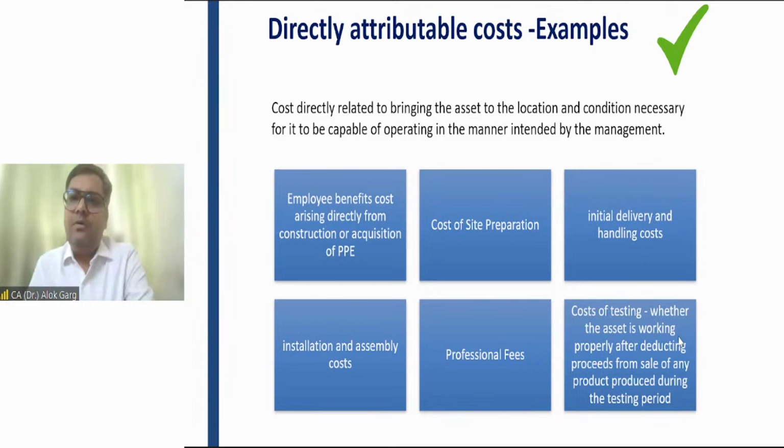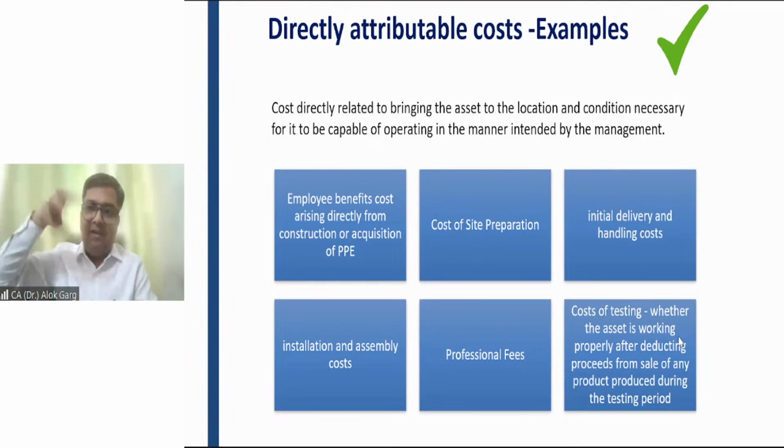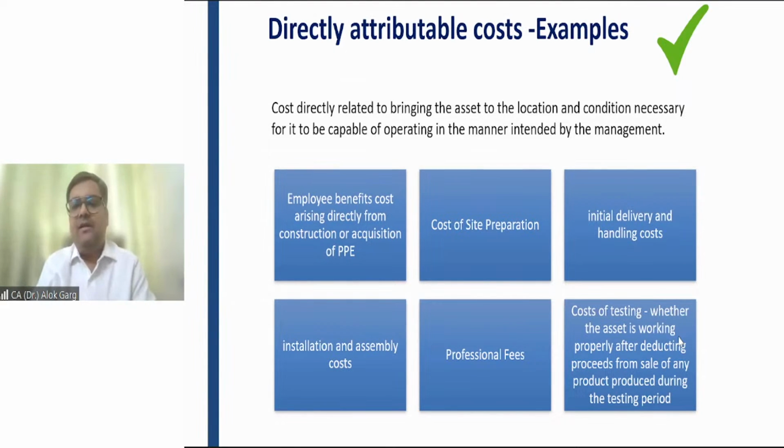Number two, why will this dismantling cost happen? It will happen because you have constructed on the leasehold land. So this dismantling is directly related to the construction of the factory. Had the construction not been there, the dismantling would not be there.